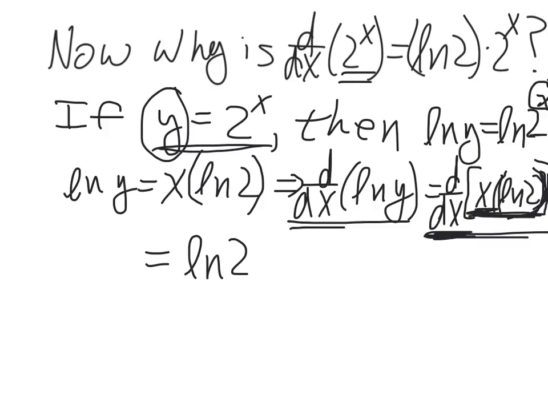Now, this side will be a little more involved, and this is where we need the implicit differentiation. We're taking the derivative of the natural log of y, but with respect to x. Well, the derivative of the natural log of y, we need to think of chain rule.